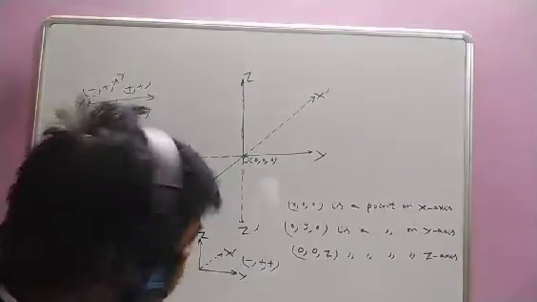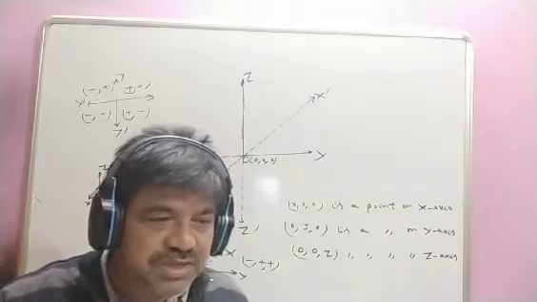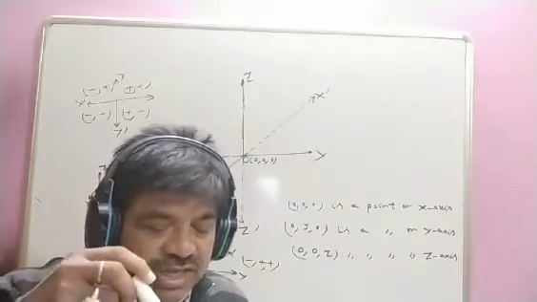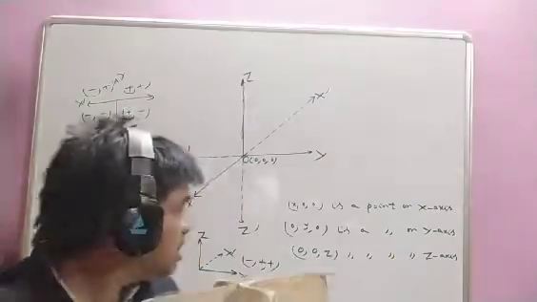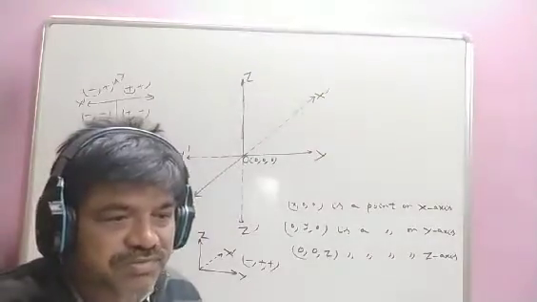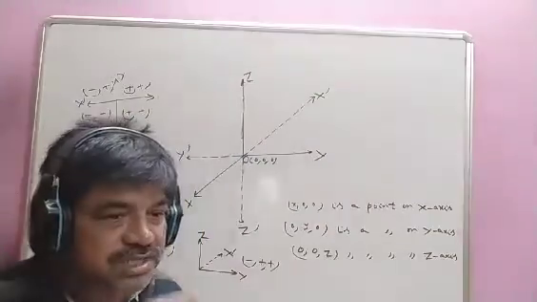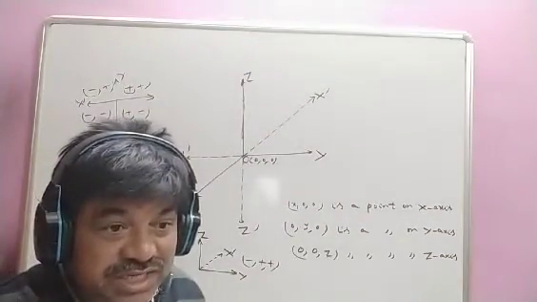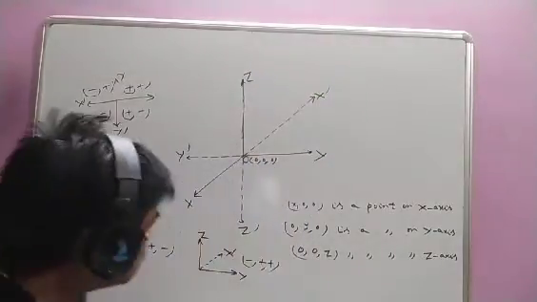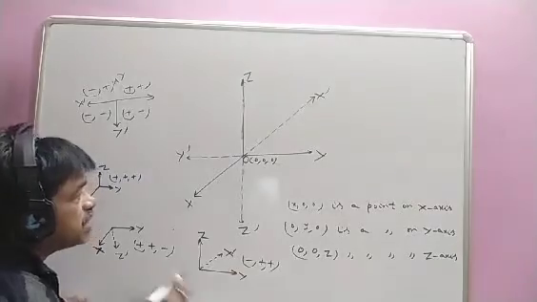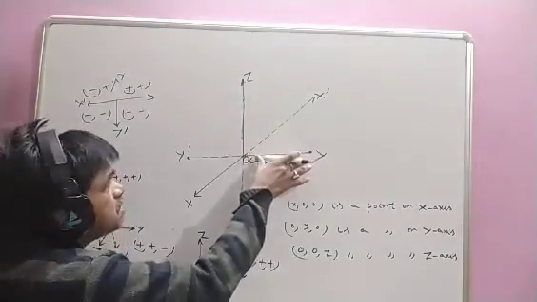You see, minus plus plus means x negative, y positive, z positive. But below this, the sign of z will be negative, but x and y remain the same. Understood? So below that, the octant sign will be minus plus minus. Minus is this, plus is this, so minus plus minus is this.